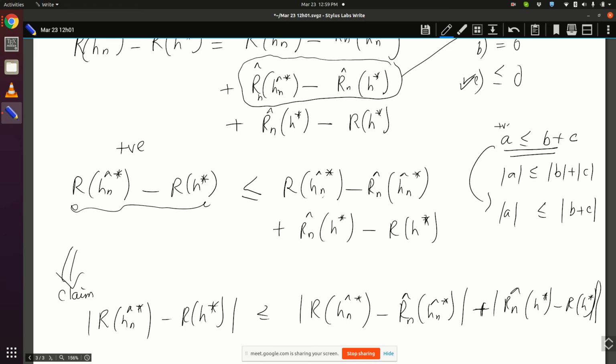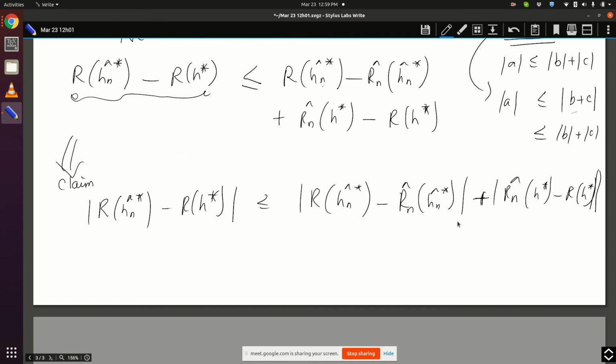So from this we put this, and after this it is pretty easy. This is just a triangle inequality or something. Okay, all right, so these things are now given.